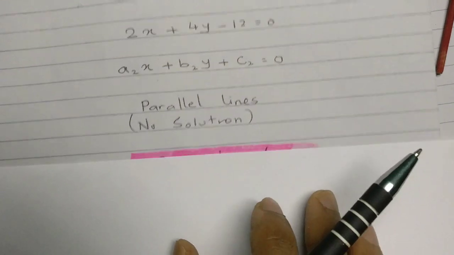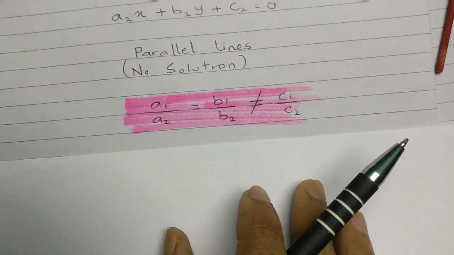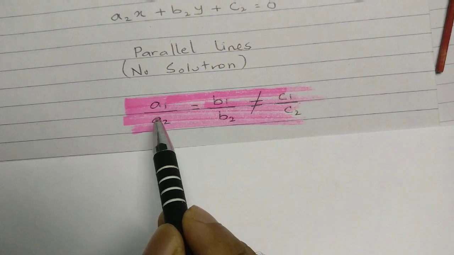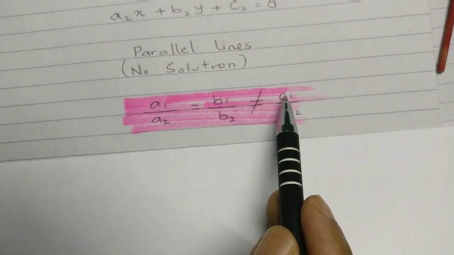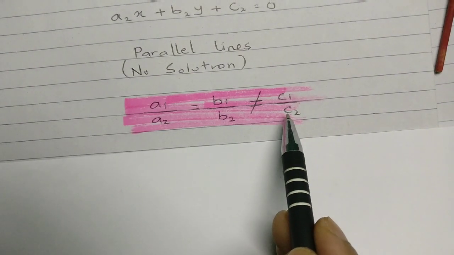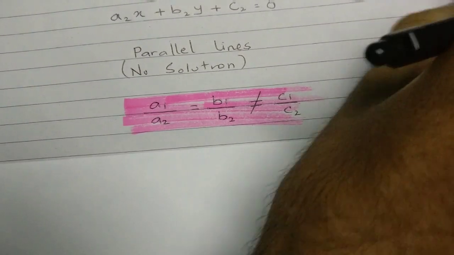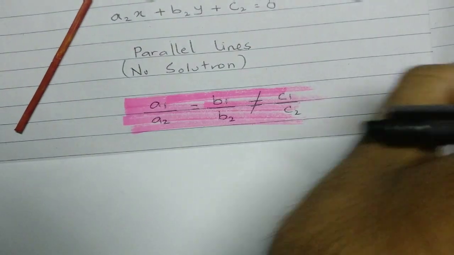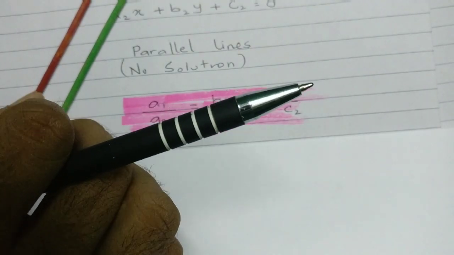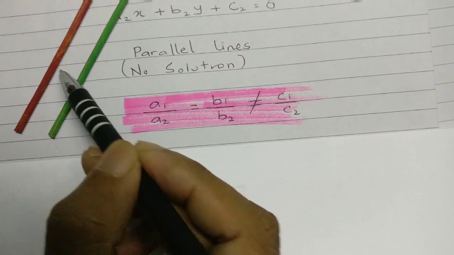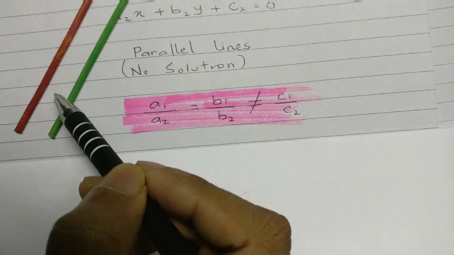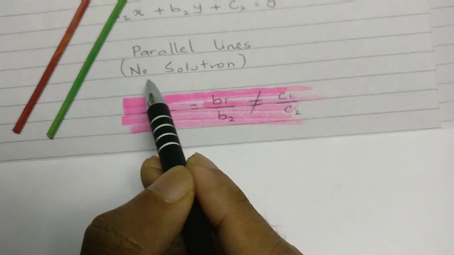Now, here the condition is somewhat like this. a1 upon a2 is equal to b1 upon b2 is not equal to c1 upon c2. Here my lines are going to be parallel to each other. Since they're not going to touch each other at any point, you are not going to get a solution.